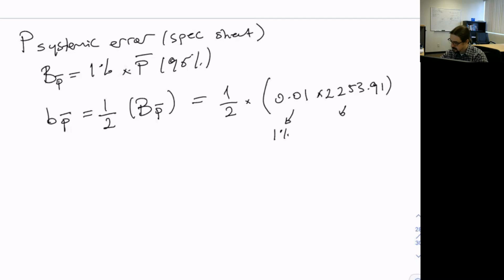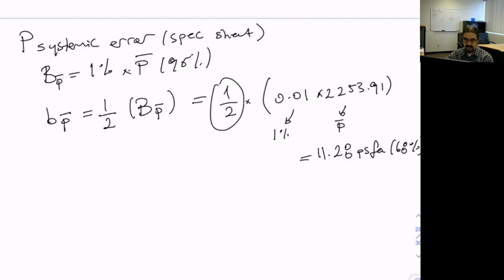That's my P bar reading, and that's going to give me 11.28 PSFA at 68 percentile because I divided by 2. If I didn't do that, I would have calculated at 95 percentile.